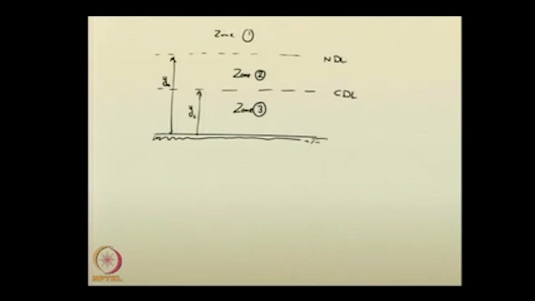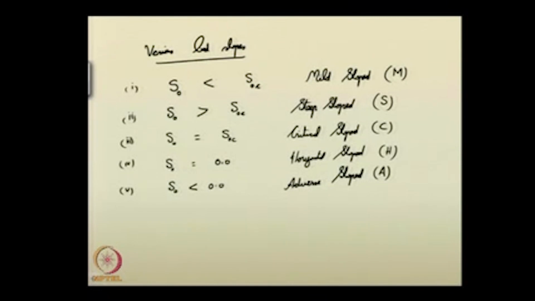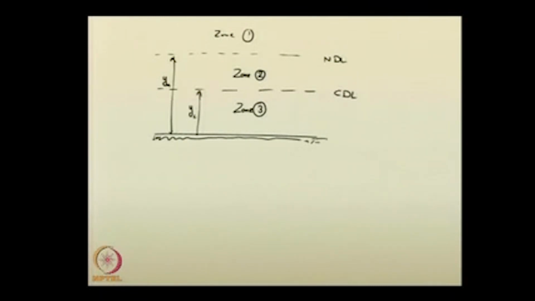For all the channels we mentioned in the previous slide, the mild slope, steep slope, critical slope, adverse slope, one can easily identify 3 zones of flow. Zone 1 represents the region above the top line. Your top line can be either the critical depth line or the normal depth line, whichever case it may be.